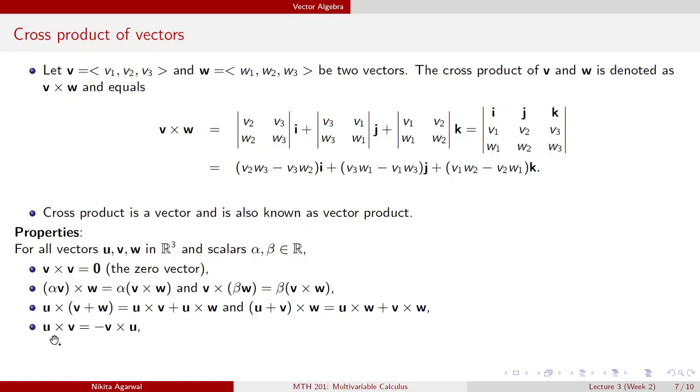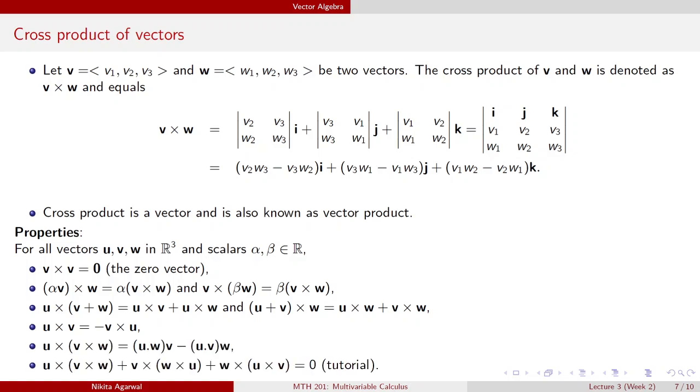Let us look at this property that you see here, which is U cross V is equal to minus V cross U. This is also immediate because if you interchange two rows, the determinant gives you an additional negative sign, right? Which is what you see here.